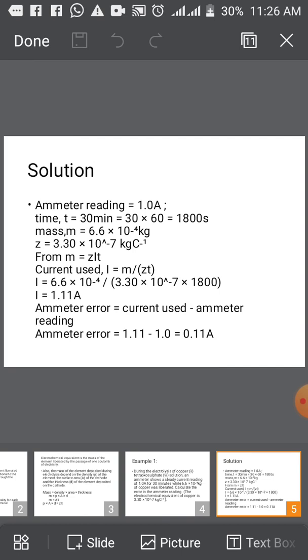I will now be equal to 1.11 amperes. To calculate the ammeter error, we'll have current used minus ammeter reading. So ammeter error is now 1.11 being current used minus 1.0 being ammeter reading, and that will give us 0.11 ampere.